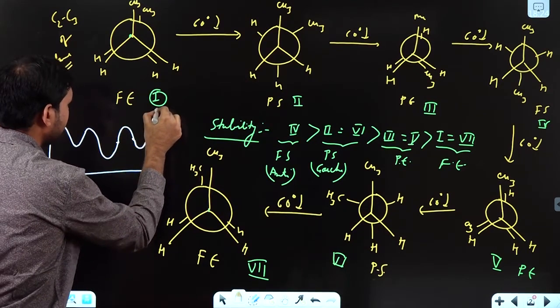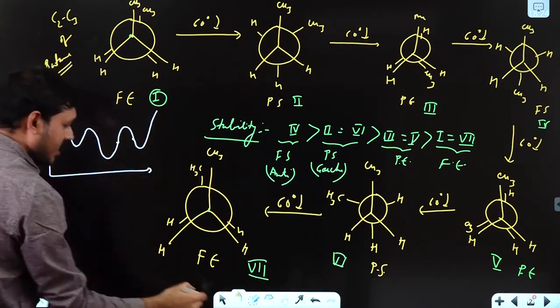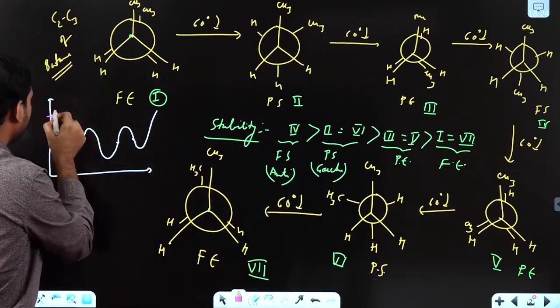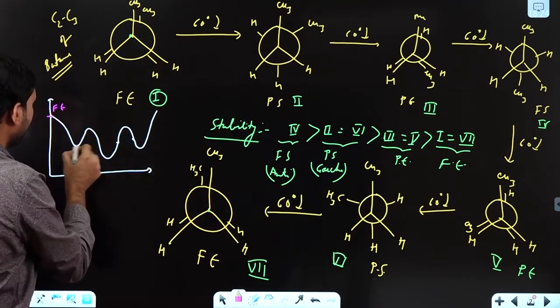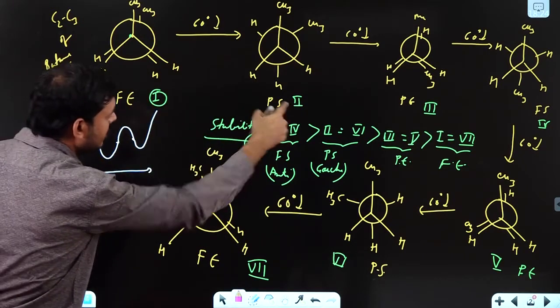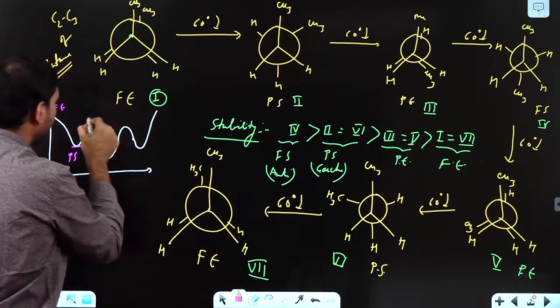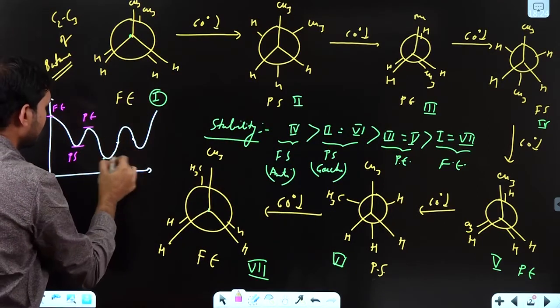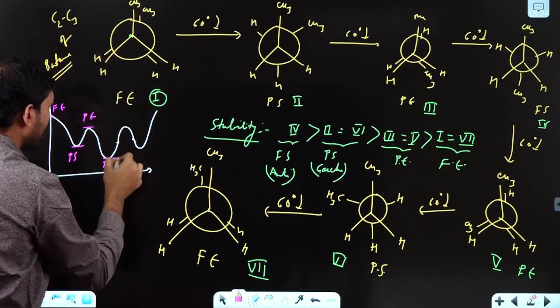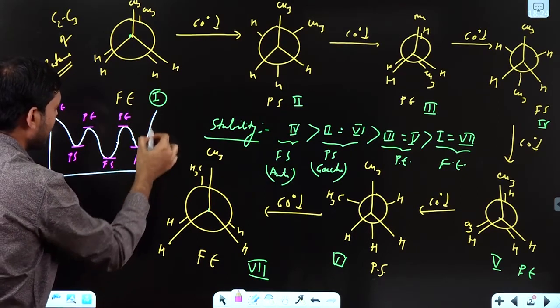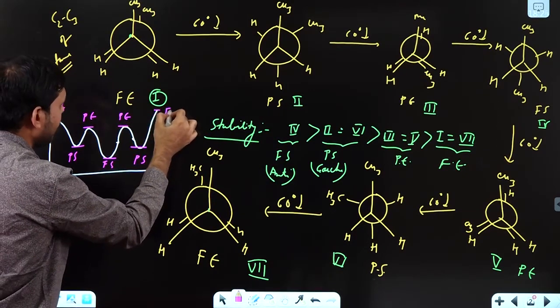Now come to this part. Starting from fully eclipsed to this one was your partially staggered, to third that was partially eclipsed, then this was fully staggered, again partially eclipsed, again partially staggered, and finally this again fully eclipsed.